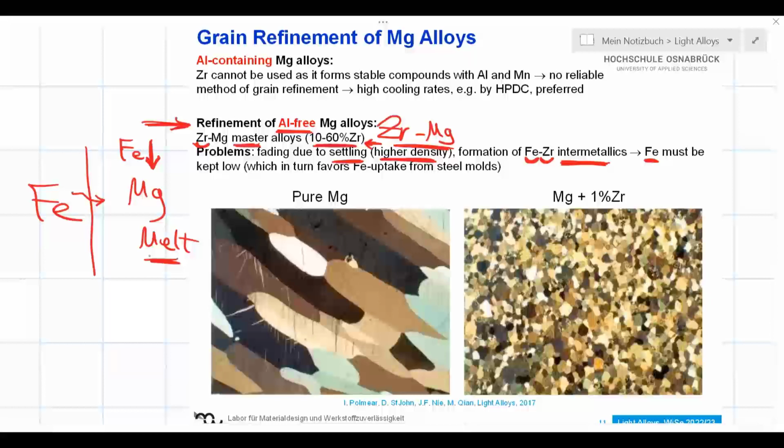But if we eliminate iron from liquid melt, then the liquid melt has more capacity to get iron from the mold, and there is a chance of, or the risk of a sticking. So magnesium alloys and mold could get stuck together. And that could create problems during die casting, so during casting in metallic molds out of steels.